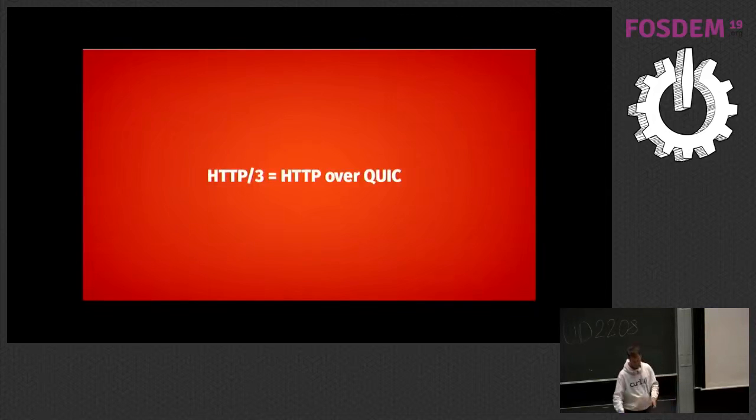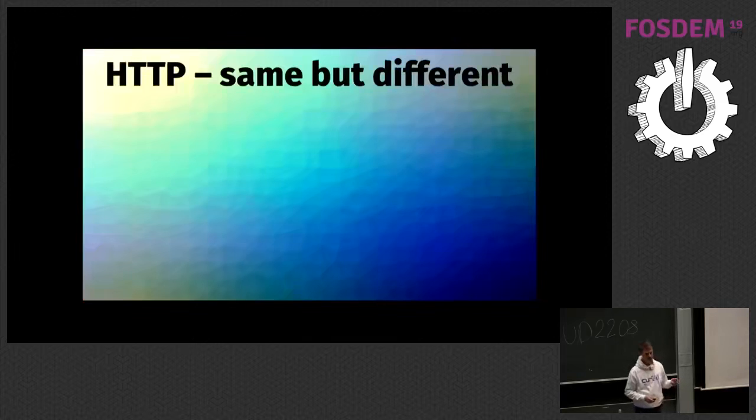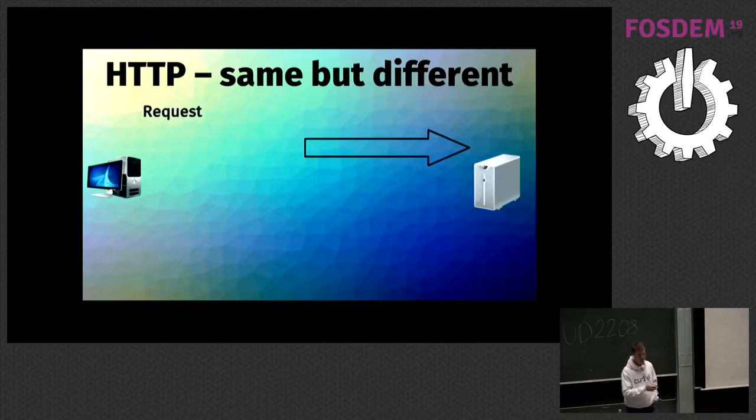So HTTP/3 is HTTP over QUIC. And just to emphasize, this is changing HTTP, but HTTP remains the same, but not the same. HTTP is still me and the server, and we still do requests like we've always done.